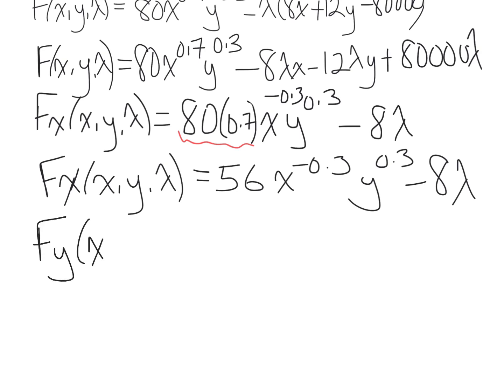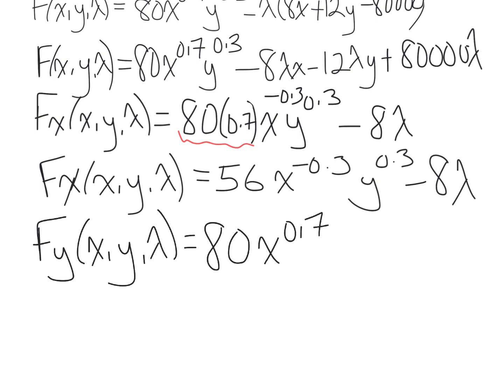At y of x, y, lambda, so I have 80 again. I have x to the 0.7 because they're the constants in this case. We're keeping x constant. And then the next part of the polynomial, I have y to the 0.3, so I'm multiplying by 0.3.